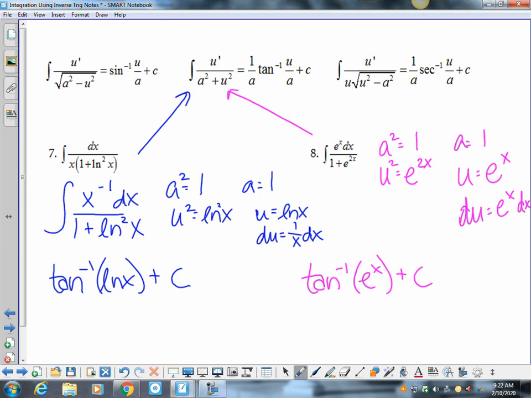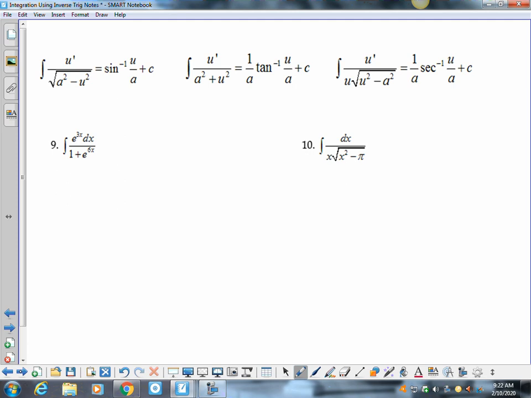Everybody okay? Thinking tangent again? What's your e to the 3x?